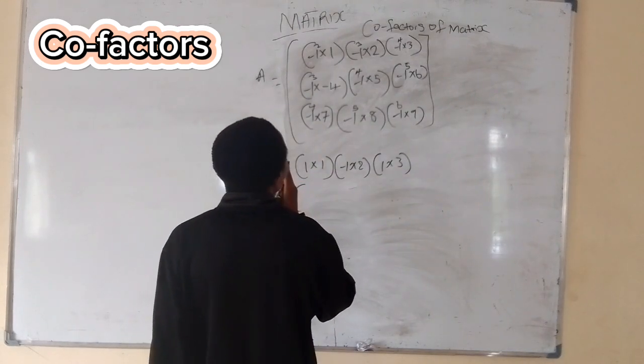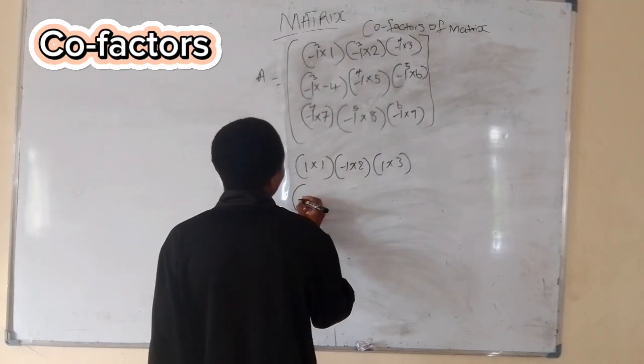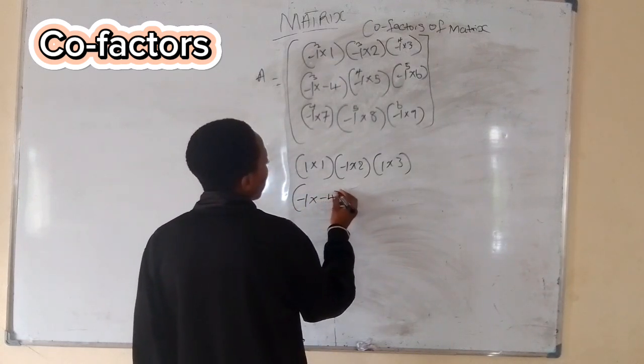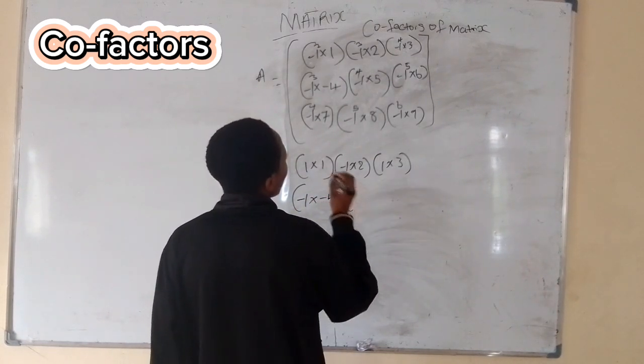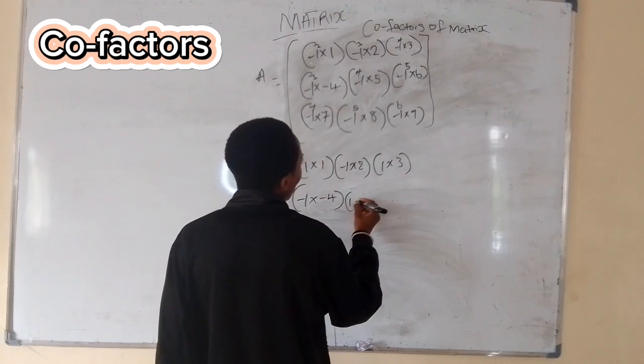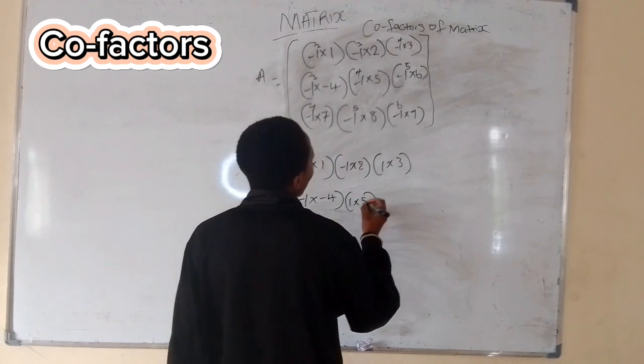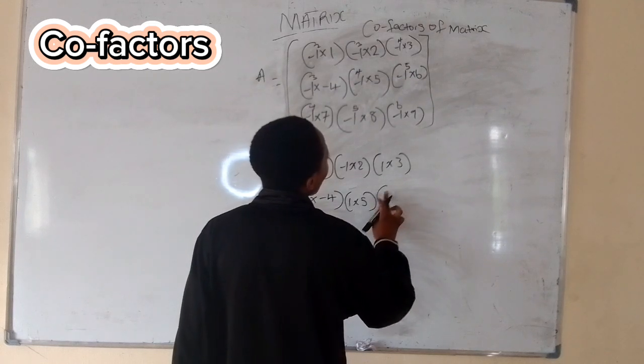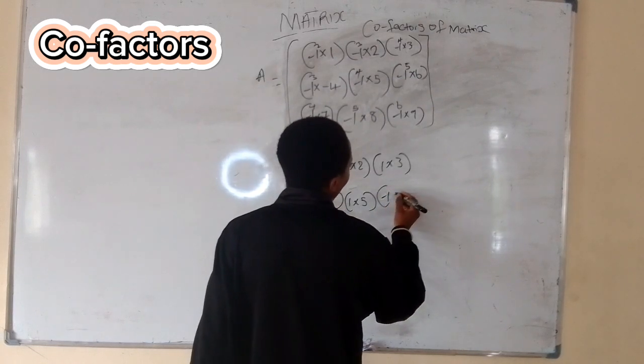Minus 1 to the power of 3 is minus 1 times minus 4. Minus 1 to the power of 4 is plus 1 times 5. Minus 1 to the power of 5 is minus 1 times 6.